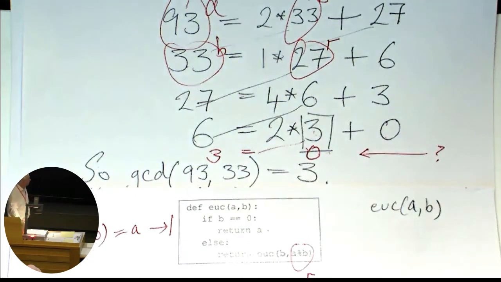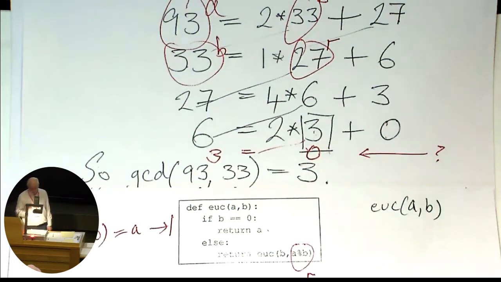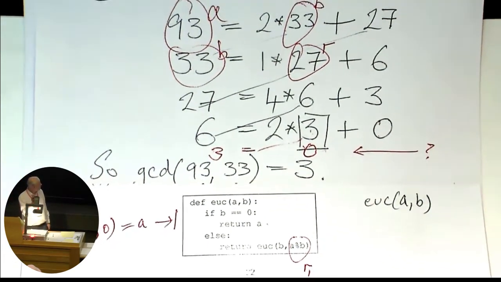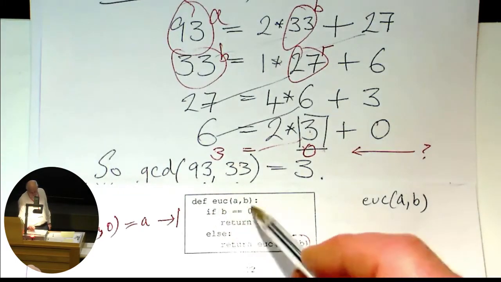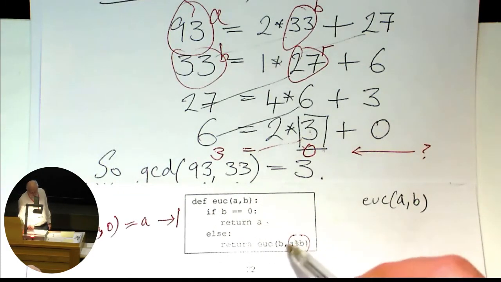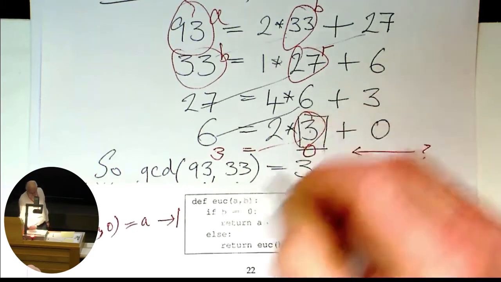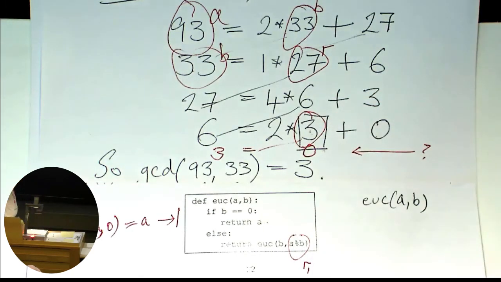So it's as simple as that. And eventually you come to a stop, because this remainder will eventually be 0. And then if B is 0, you get the answer A, which in this case will be the 3. So that shows you how simple, in some sense, Euclid's algorithm is. Are there any questions?